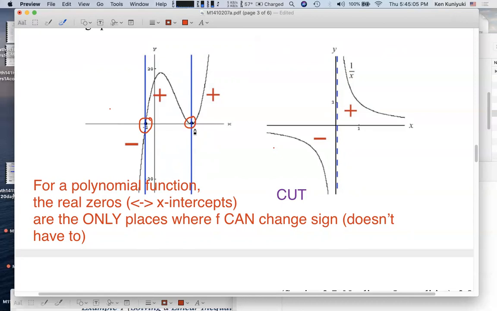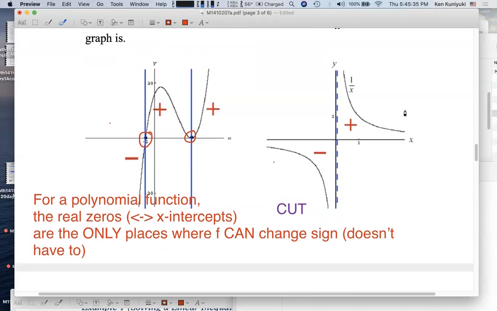But then at this x-intercept over here, which corresponds to a real zero, we get a bounce. We don't get a cut, we get a bounce, which means that we don't change sign. For these values of x, y is positive, and for these values of x, y is positive. So for a polynomial function, the real zeros, corresponding to the x-intercepts, are the only places where the function can change sign. You get a cut here, but it doesn't have to. You might get a bounce.